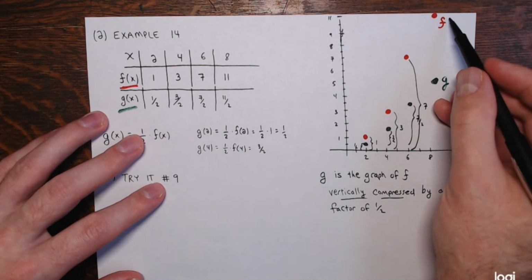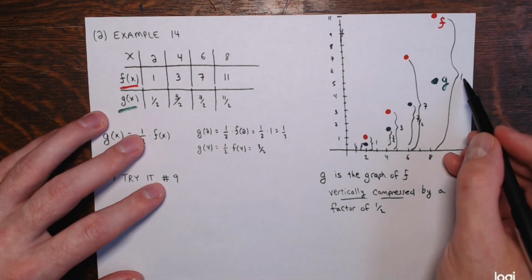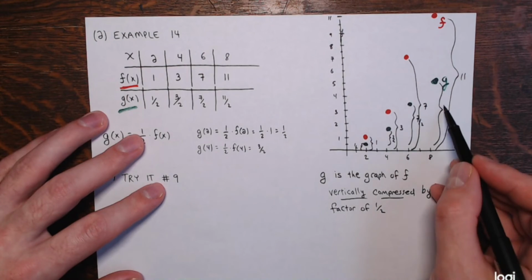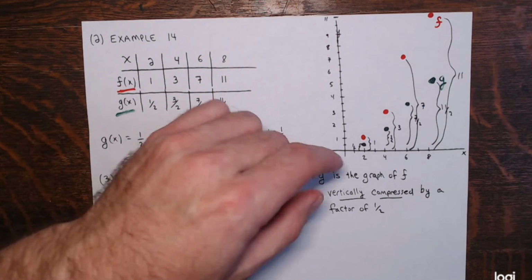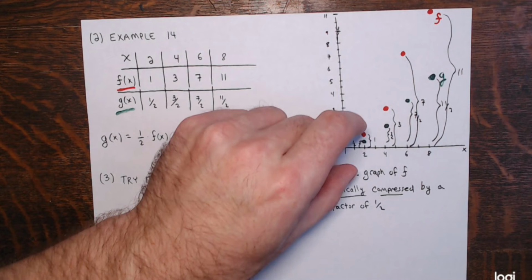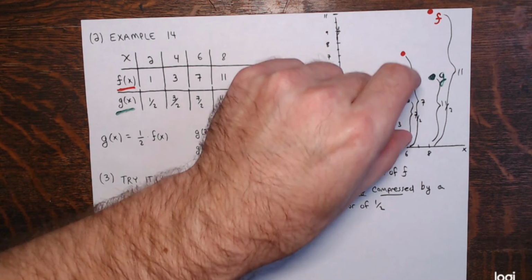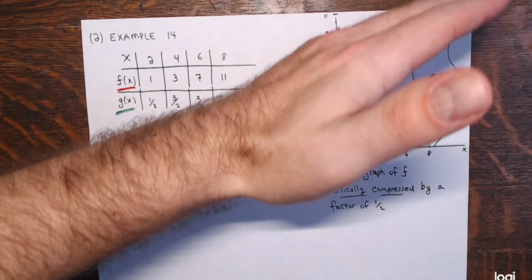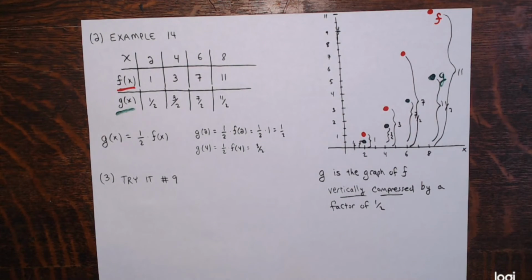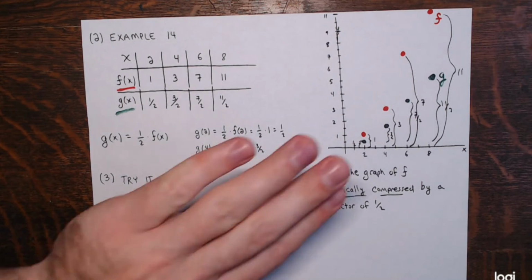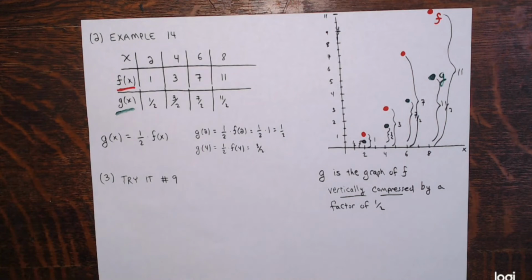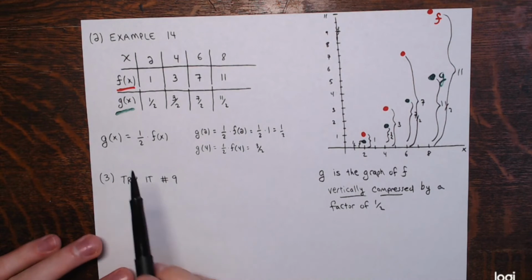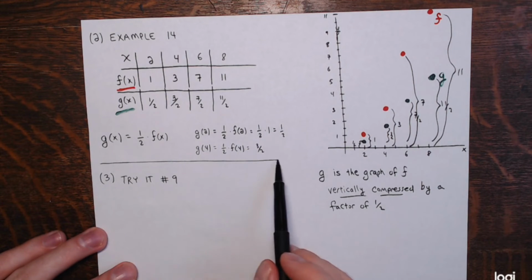And this distance was 11 units, which got cut to 11 halves. Every point on the graph of f, its distance to the x-axis got cut in half. They were pushed closer to the x-axis. That's vertical compression. If they're pushed further away from the x-axis, that's vertical stretching. And hopefully after several examples, you'll understand the difference.